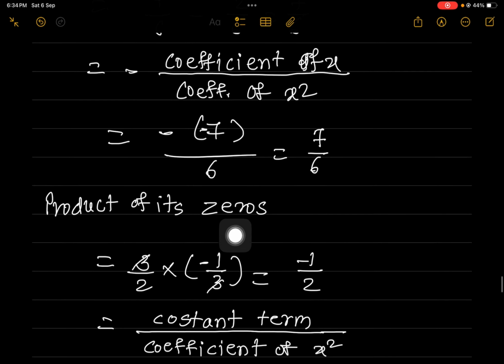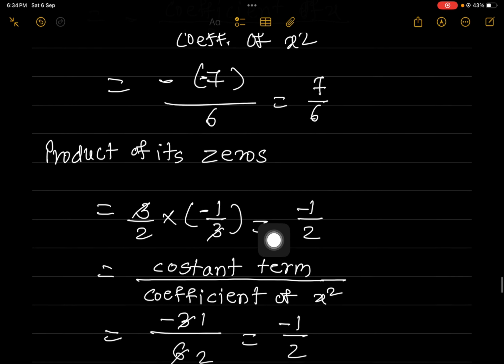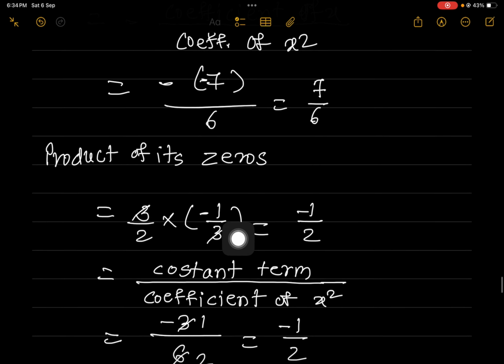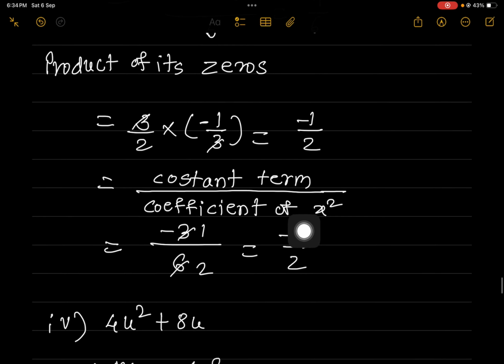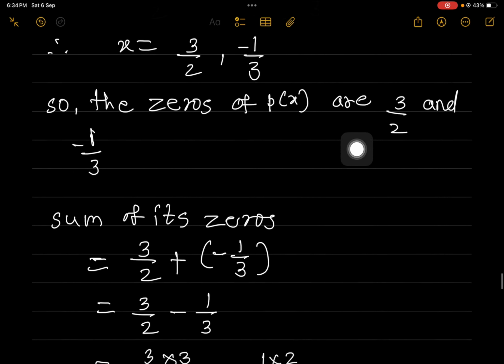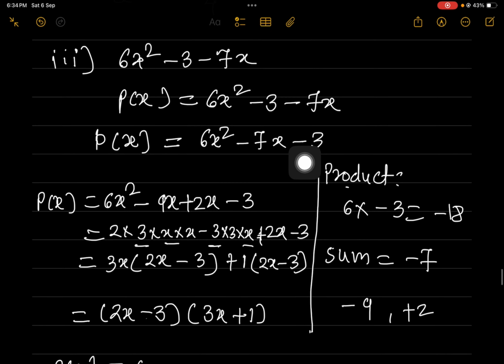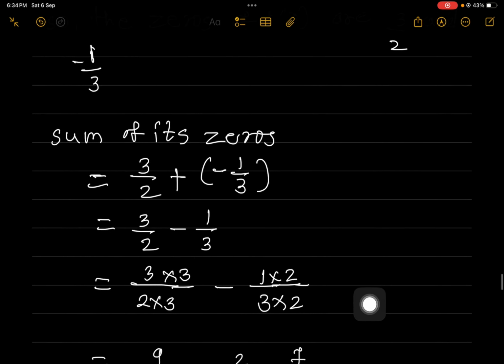Now product of the zeros. So 2 zeros are there, 3 upon 2 into minus 1 upon 3. So multiplication, this is 3. 3 ones are 3 and 3 ones are 3. So what is the remainder? Minus 1 upon 2. Now constant term upon coefficient of x square. Then what is the constant term? Constant term is minus 3 and coefficient of x square is 6.